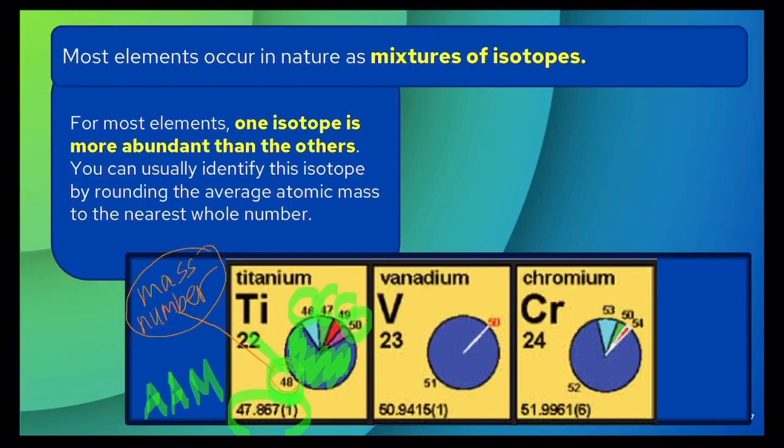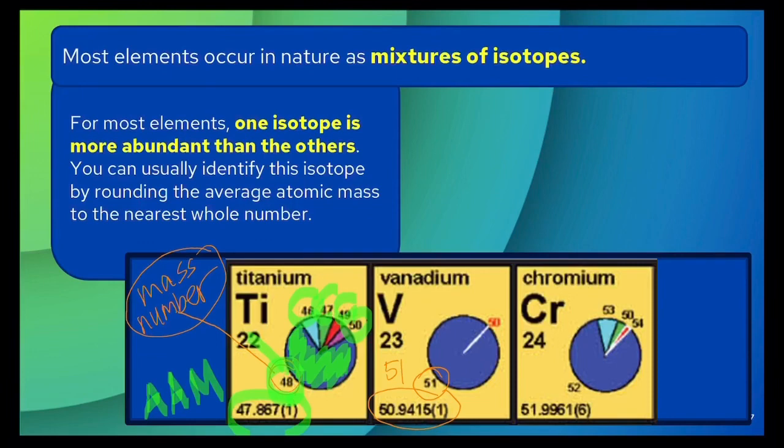Let's take a look at another example. Vanadium, the next element listed, has an average atomic mass of 50.9415. If you round that to the nearest whole number, that is 51. You can see that it's the more abundant isotope present in this pie chart.